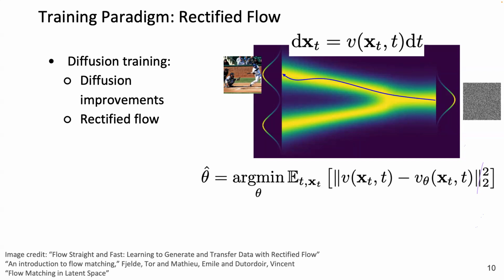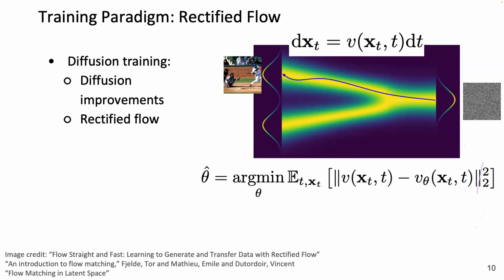This is indicated in this training loss. Here, theta is a neural network that we try to train, and the output of this network will be a mimicked velocity field, indicated by v theta here. As shown in this loss, we want it to be as close as possible to the real v so that we can replicate this velocity field.